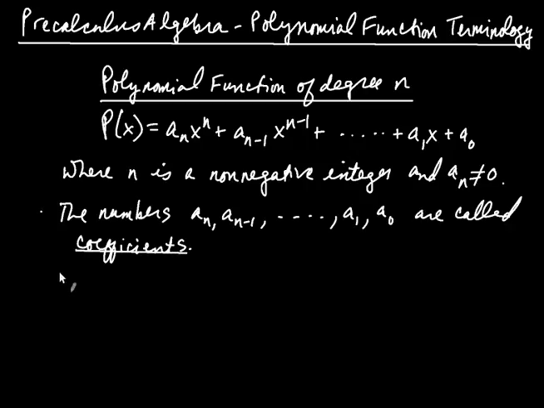And within the land of coefficients, we call a naught at the end, that is the term that is just a coefficient, we call that the constant coefficient or the constant term.